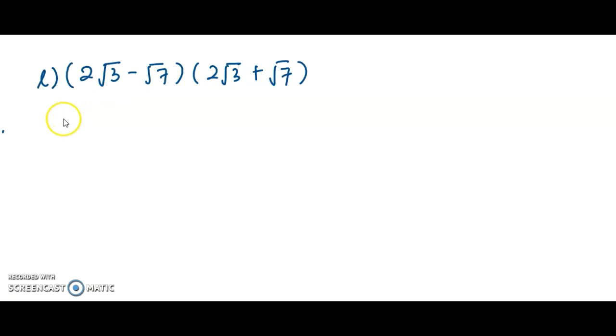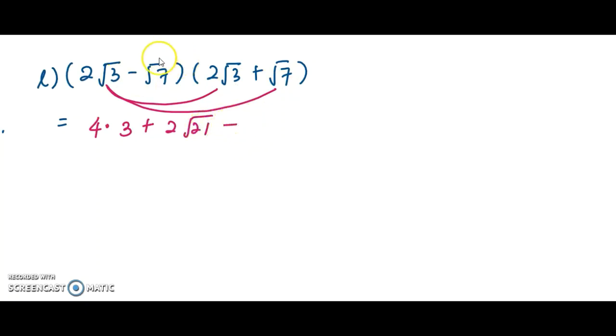For this question, we just expand as the question before. Expand 2 multiplied by 2, you got 4. Surd 3 multiplied by surd 3, you got 3. And 2 surd 3 multiplied by positive surd 7, you got positive 2 surd of 21, because 3 multiplied by 7 is 21, minus surd 7 multiplied by 2 surd 3, that would be negative 2 surd of 21.